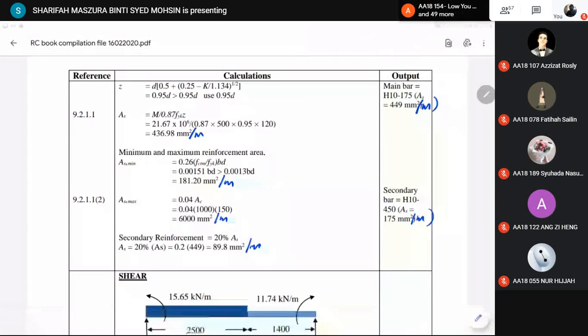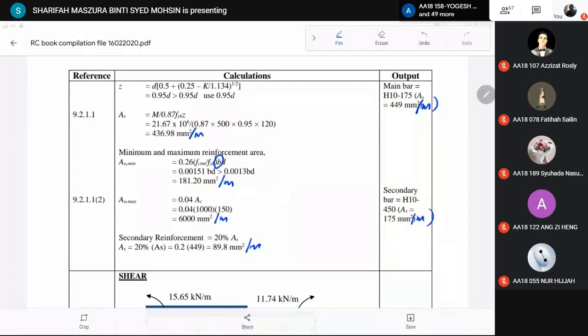Only difference is that we use b equal to 1000 millimeter. So As minimum we get 181.2 millimeter square per meter, and As maximum we get 6000 millimeter square per meter. Based on the As required, we can provide main reinforcement.